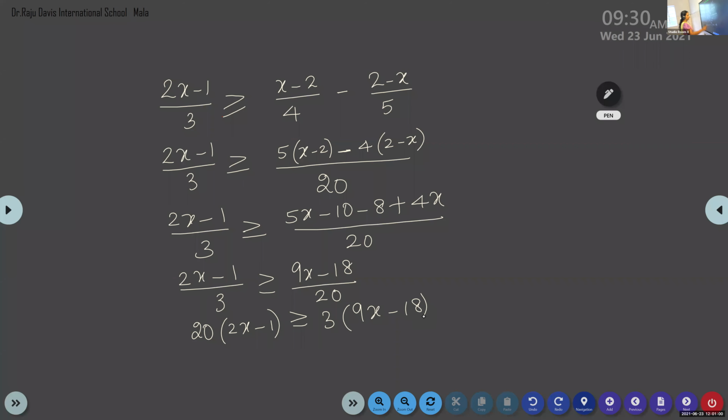Now open the bracket. 20 into 2, 40x minus 20 is greater than or equal to 9, 3s are 27x minus 54. Now take the LCM, simplify and tell me what is the value of x.